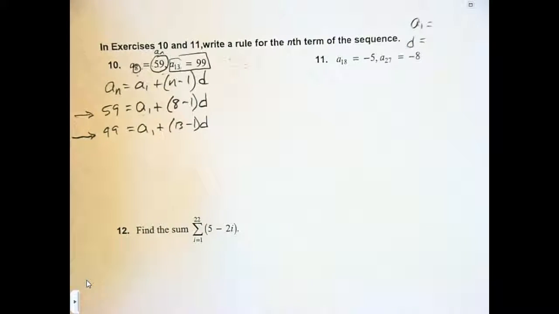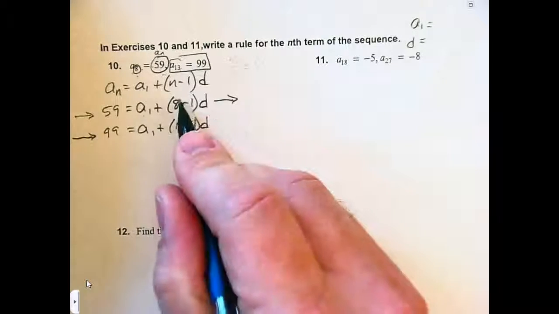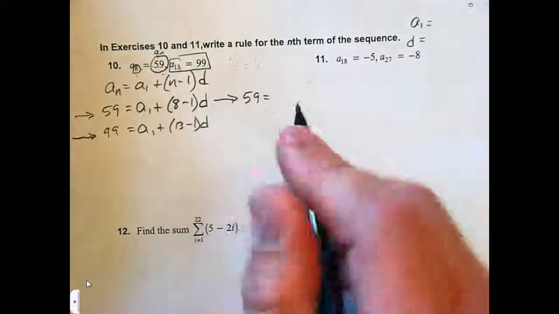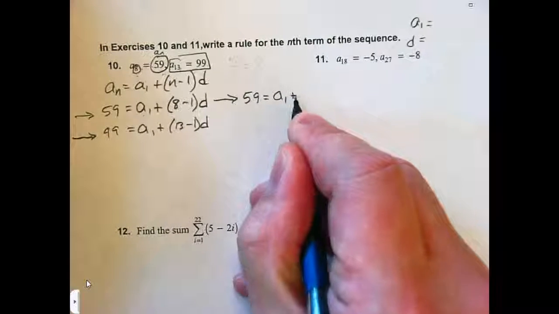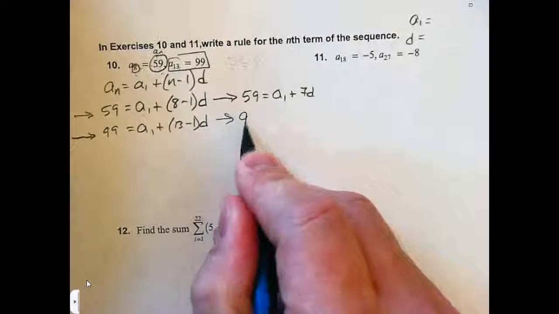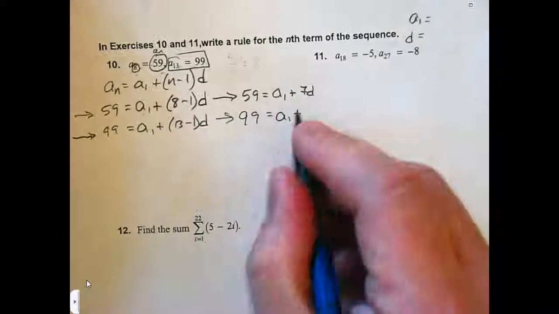Okay. So now if we simplify these, what's this simplify to? Good, yeah, it becomes 7d. So you get a sub 1 plus 7d. And we simplify this, we get 99 equals a sub 1 plus 12d.